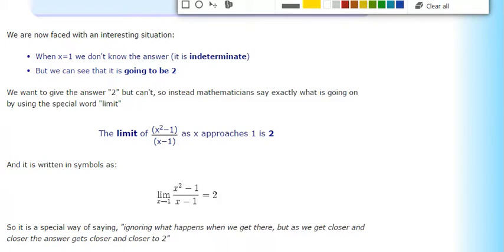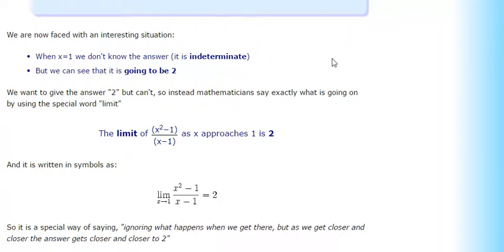Not differentiate. The denominator term should not become 0. If you get the denominator term 0, that will lead to the indeterminate form.